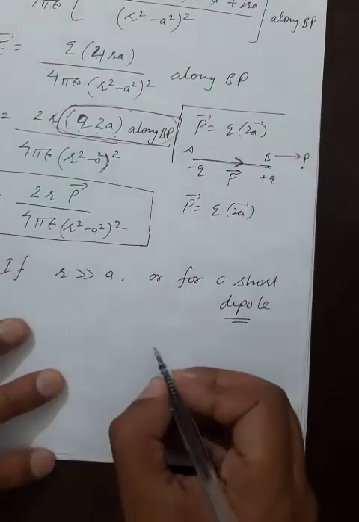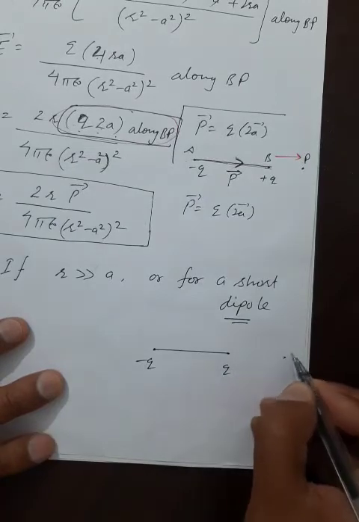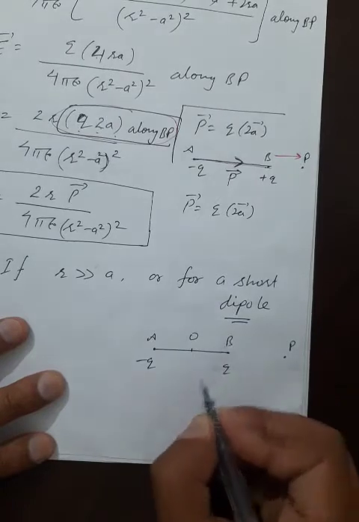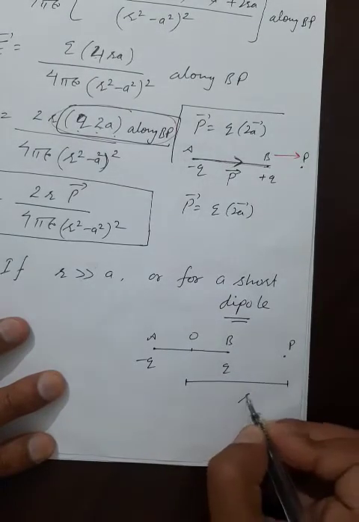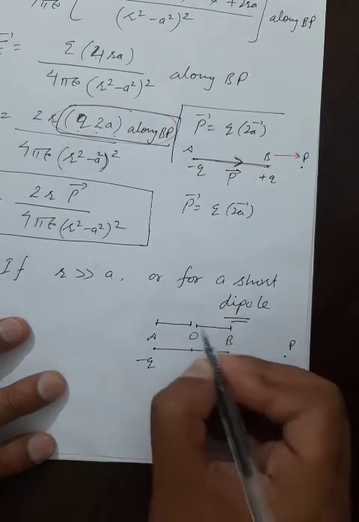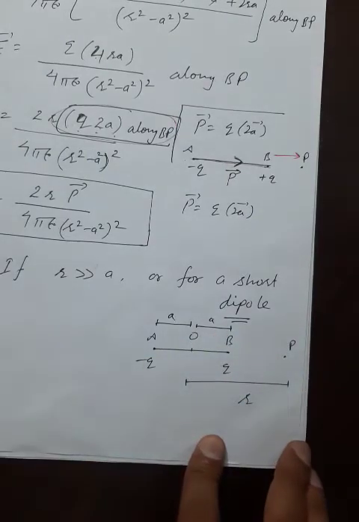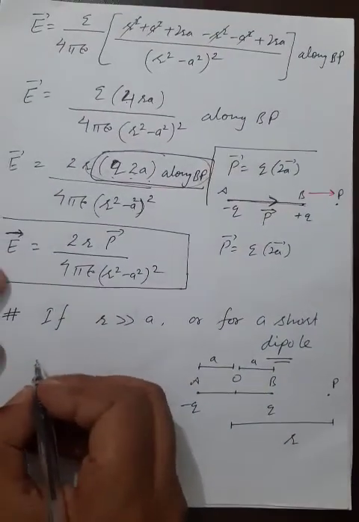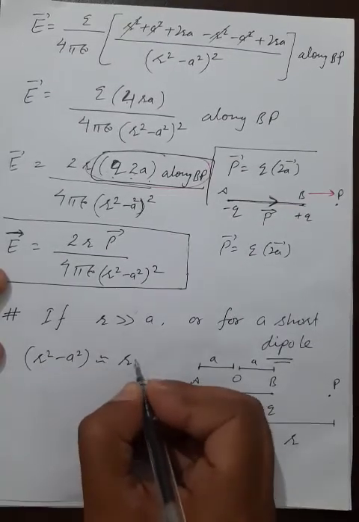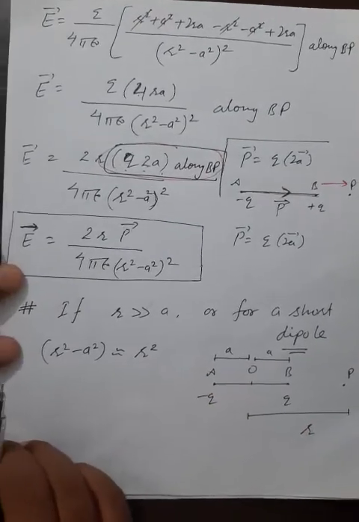Let me remind you that here is minus Q, plus Q, and here is a point P, and this is the center of dipole AB. Now this distance O to P is R, and A to B is total 2A, so it is A and it is A. So if R is greater than A, then R square minus A square can be written as only R square, because A is very small, so the square of A can be neglected here.